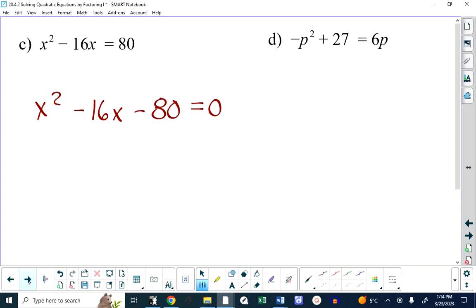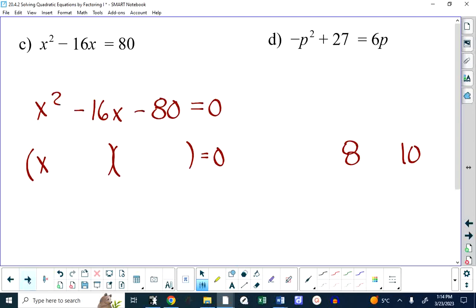Two numbers that multiply to give negative 80 and add to give negative 16. Well, you might want to grab your calculator here. I do this on paper. I say, well, 8 times 10 gives us 80. I can't get 16 out of that, can I?